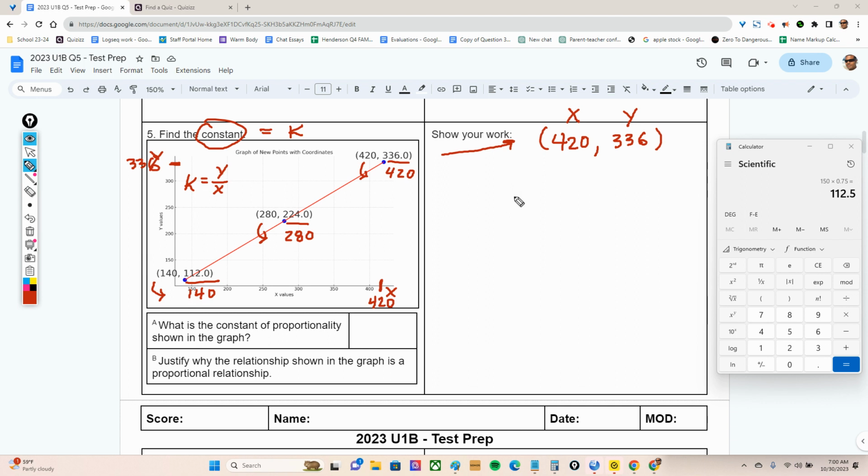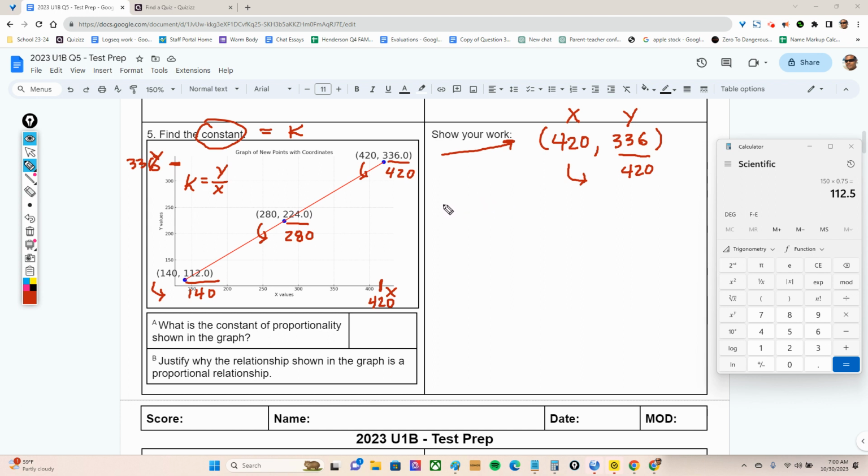So that is why we drop it, because it's y on top divided by the x on the bottom. So we put the x on the bottom. All right. So having said all of that, now we do the math.